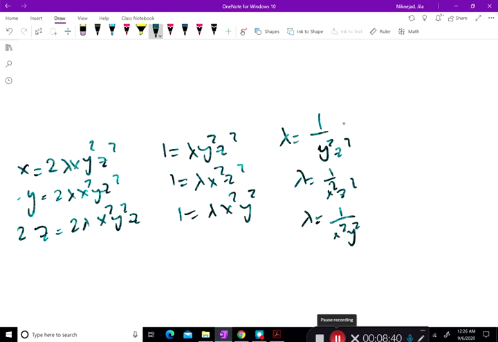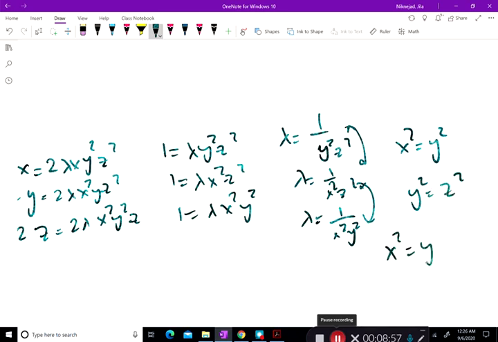For example, if I set these two equal to each other, I end up with x squared equal to y squared. Set these two equal to each other, I get y squared equal to z squared. So it seems like x squared is equal to y squared equal to z squared.